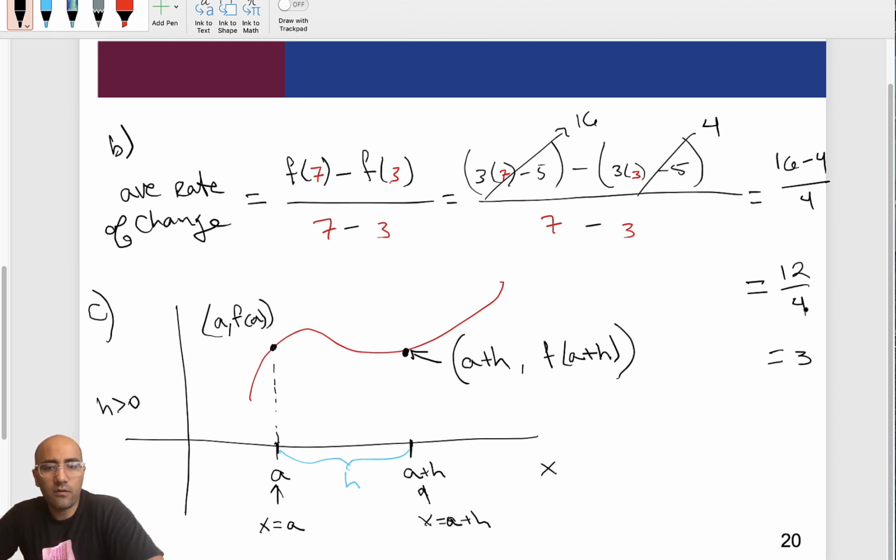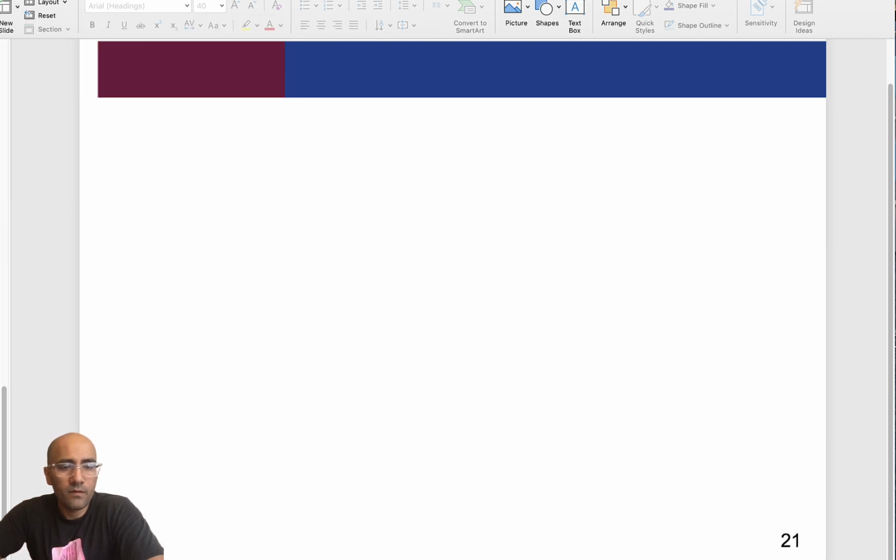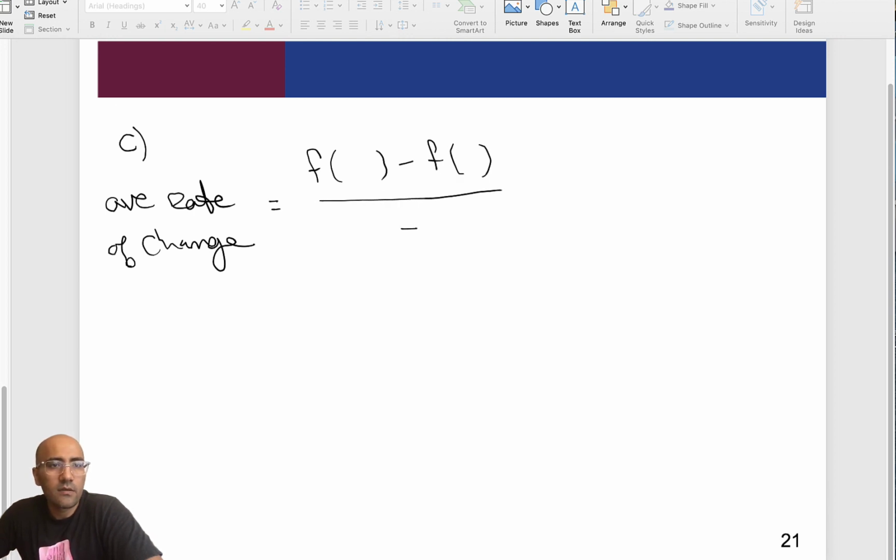Okay, so we just follow our normal process through and find the average rate of change. So this is for part C. Average rate of change will be equal to f of blank minus f of blank, and then we subtract these.